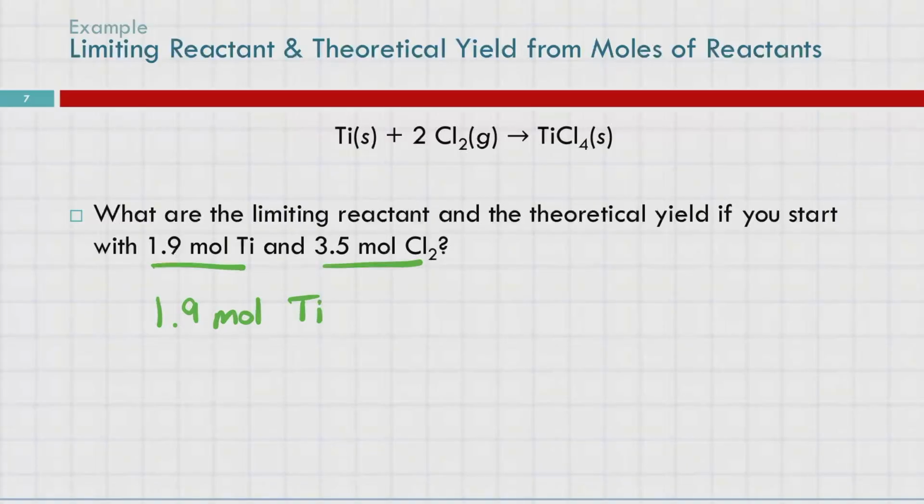We need to find our ratio between titanium and the product. So we look to our balanced equation. Underlined in blue, we've got invisible coefficients of 1. So we produce 1 TiCl4 for every 1 titanium that we put in. 1-to-1 ratio makes for some really easy math.